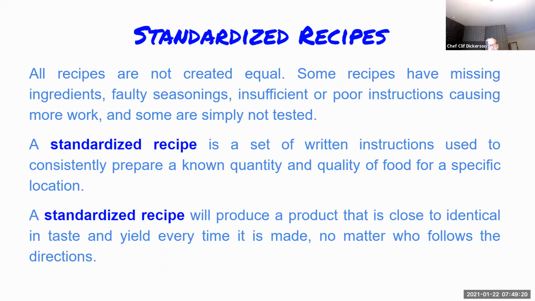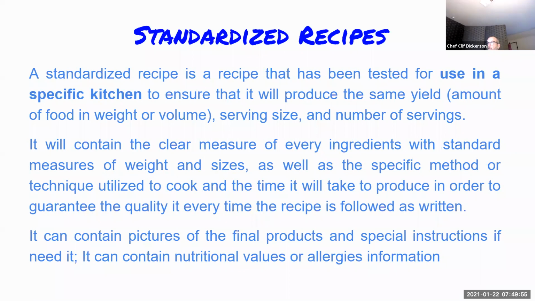And if it's wrong, or very vague, then people are not going to do exactly what we want them to do, and it's not going to come out properly. We want it to taste exactly the same every single time. We want it to look exactly the same every single time. That's consistency, or standardization, and that's why we need a standardized recipe.